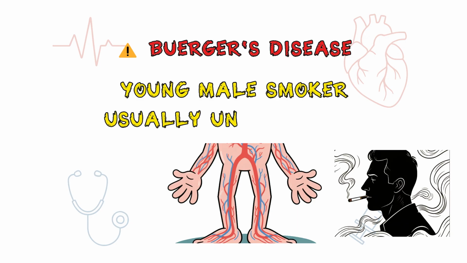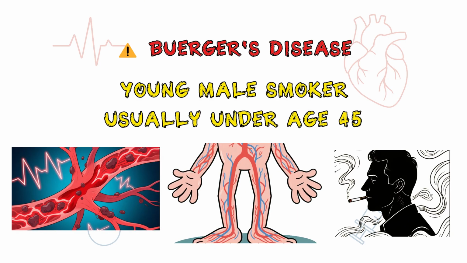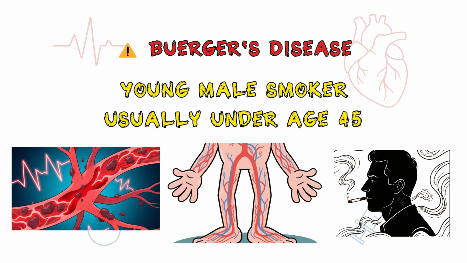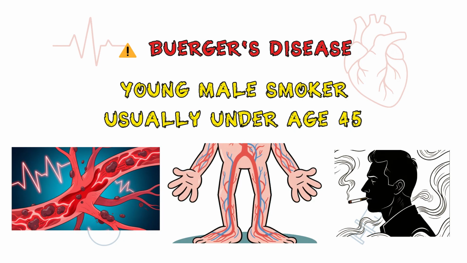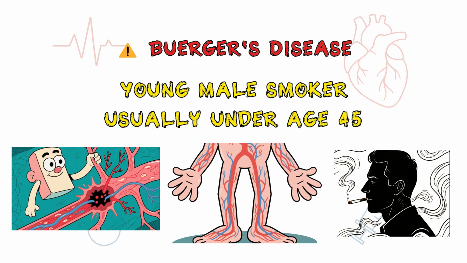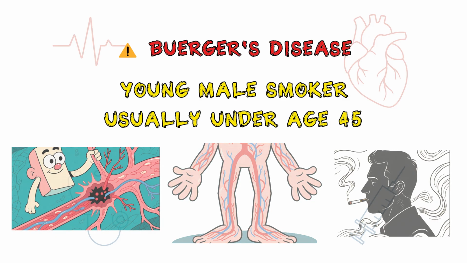The chemicals in tobacco irritate the vessel walls, leading to inflammation, clot formation, narrowing, and eventually blocked blood flow. A good way to remember it: it's like constantly pouring chemicals into a tiny river. The wall gets irritated, debris builds up, and the river becomes too narrow for water to flow.